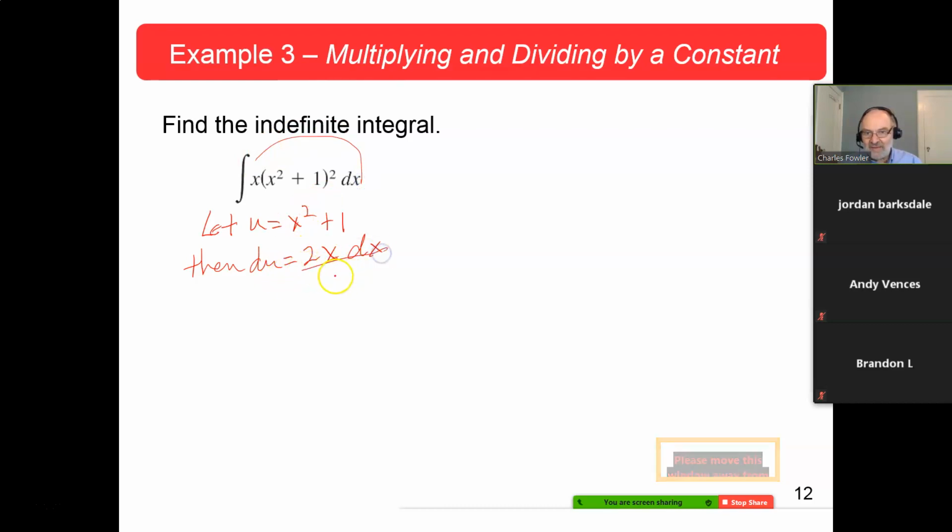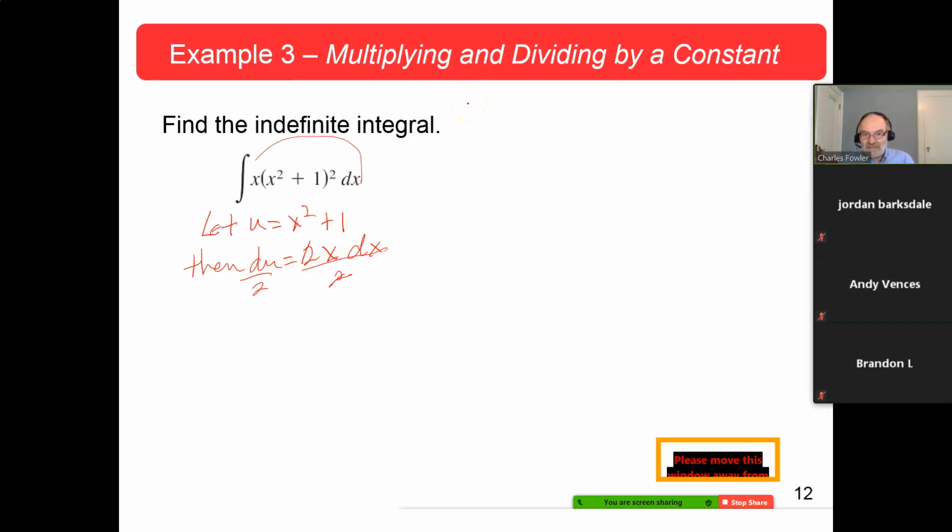So let's divide out the 2. Now, they like to say multiply and divide by that. That's fine, but why make it that complicated? Just divide by 2, and now what you have here is your x dx, which is your du over 2.